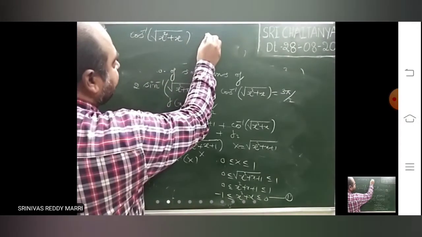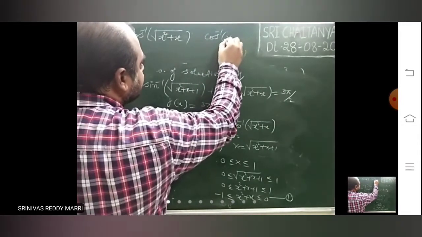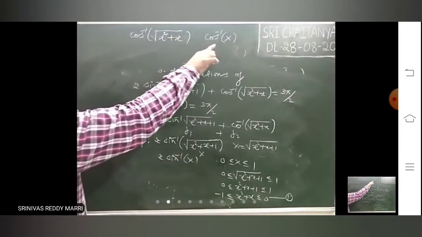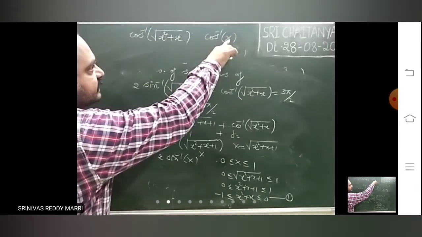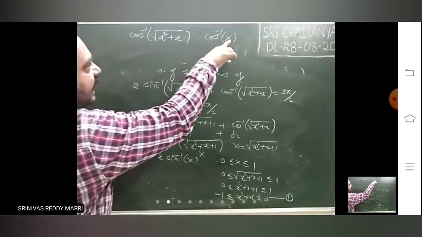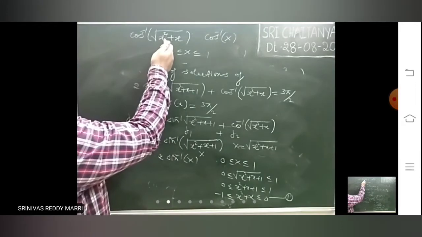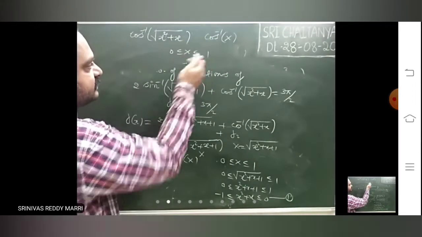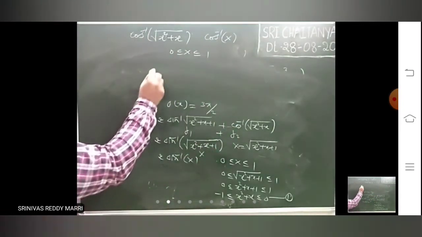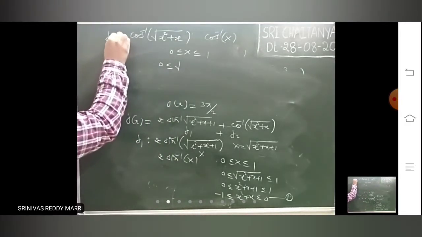Now take inside one capital X. This capital X must lie between minus 1 and 1, but in the root it is already a positive quantity. That means capital X must lie between 0 and 1. There is no way X can take a negative value. Capital X must lie between 0 and 1, which means 0 less than or equal to, this is f2, I am taking f2.